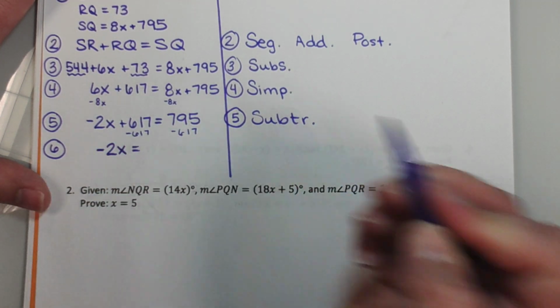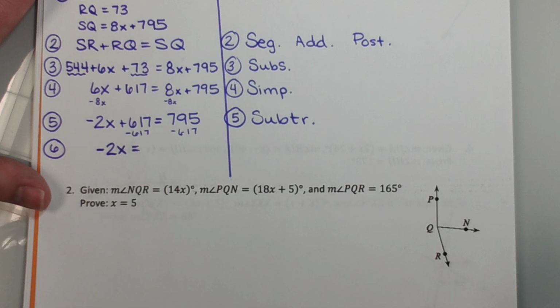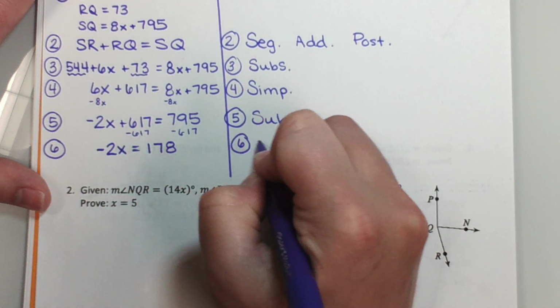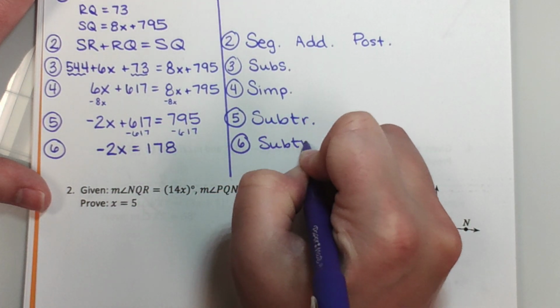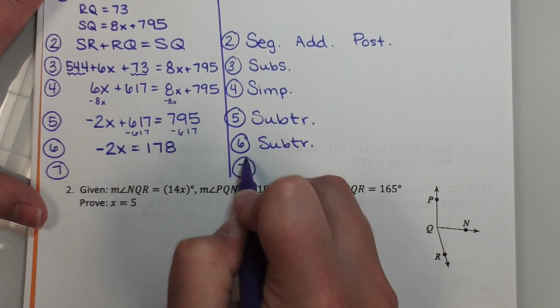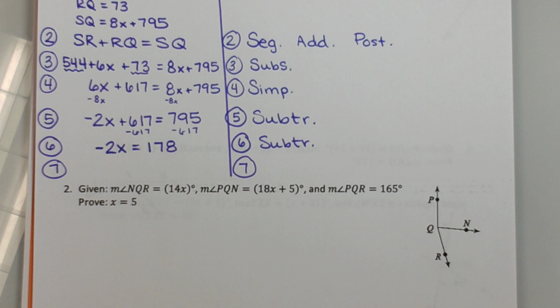Negative 2x equals 178. And that was subtract again. And I've only got one more step left on this one. By moving the x's to the left side, I made this a 7-step proof instead of an 8-step proof.